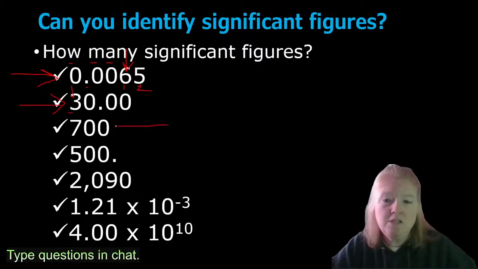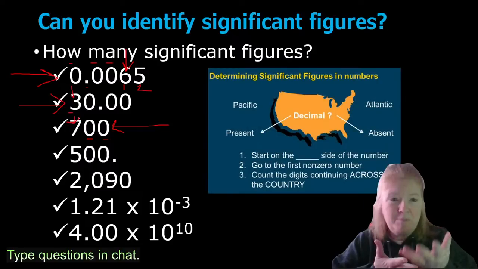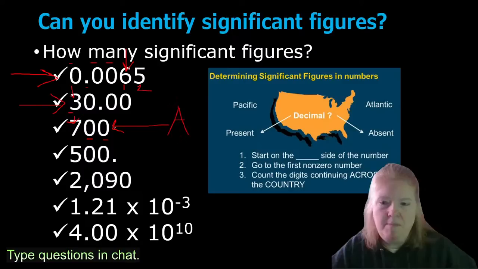If there is no decimal point, you do the opposite, but literally follow the same rule. Okay. So this is a 0, skip it. 0, skip it. Okay. So this is the first not 0. So that one would only have 1. Okay. So again, we call this the Atlantic Pacific rule, meaning when the decimal is absent, we begin counting from the right side of the number, like the Atlantic Ocean.